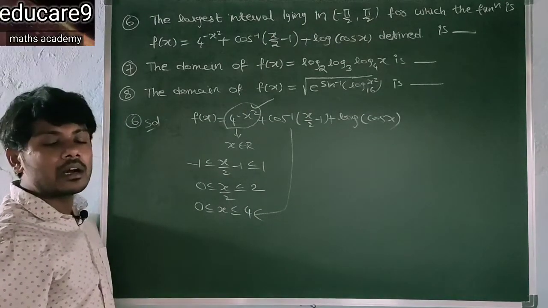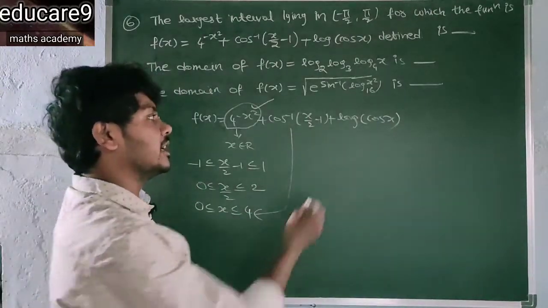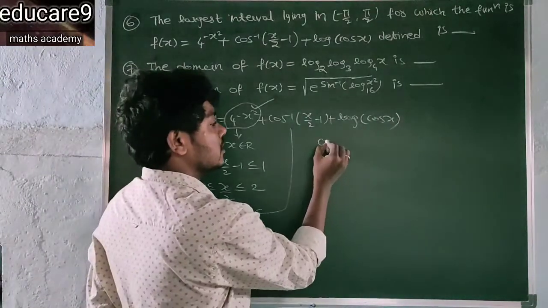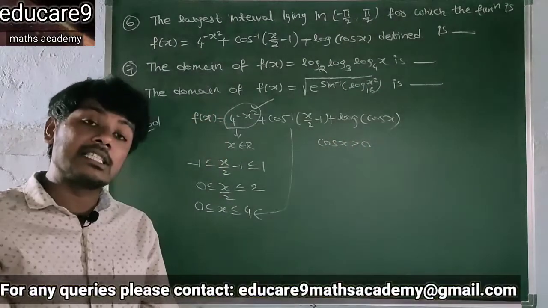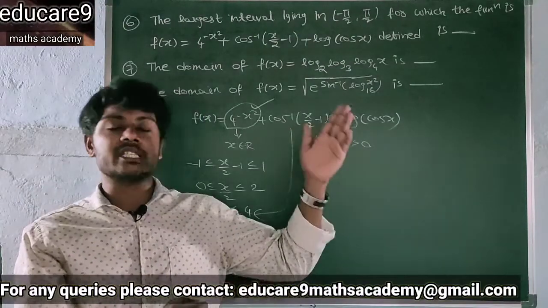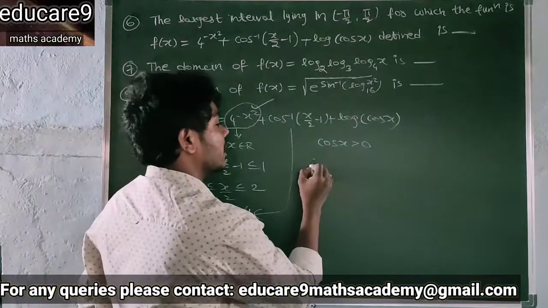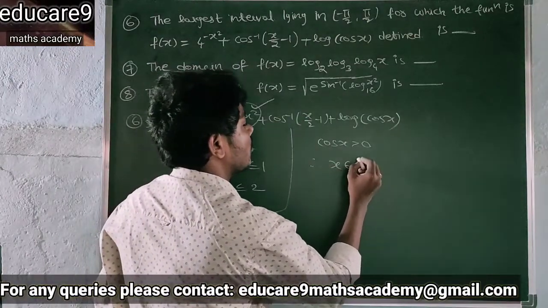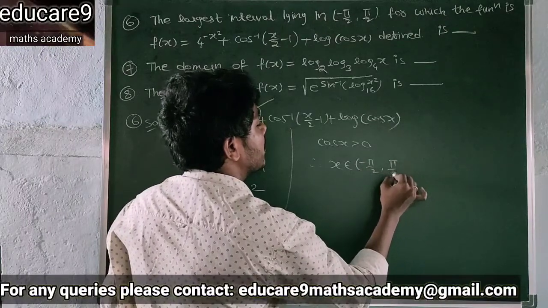And log cos x is in the form of log f(x). So you know that f(x) is greater than 0, so cos x is greater than 0. It means cos x is positive. So where is it positive? In the first and fourth quadrants. Therefore x belongs to minus pi by 2 to pi by 2.